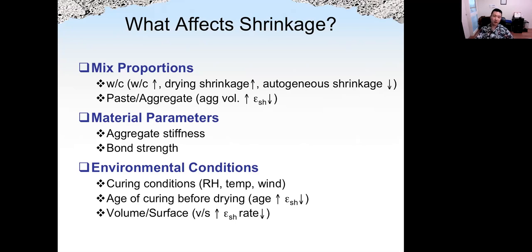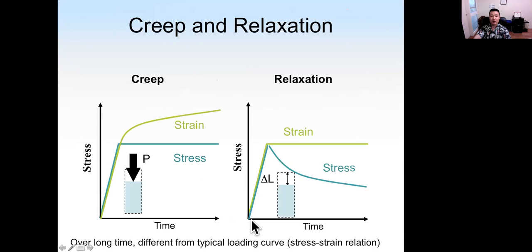If we increase the volume to surface ratio, the drying shrinkage rate will be lower, but the total shrinkage will be the same. All right, so that's shrinkage.